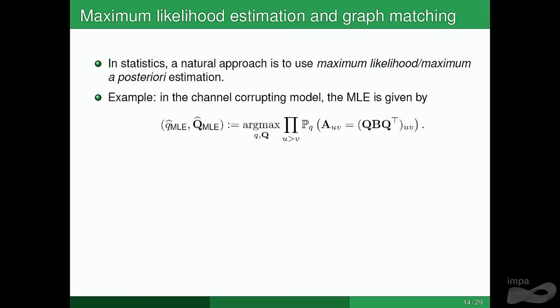So in this case, we can write down the likelihood function of this graph because the edges are independent, as the product over all the upper triangular part of the adjacency matrices.